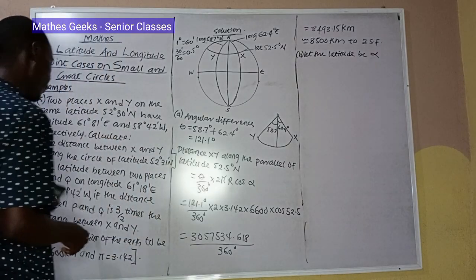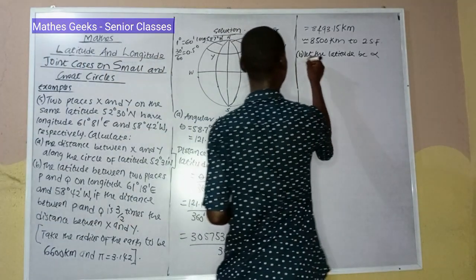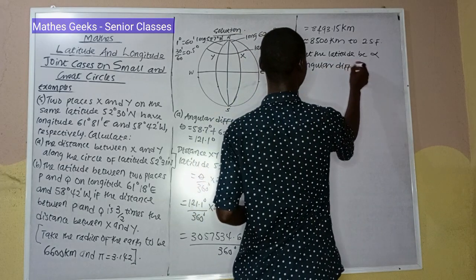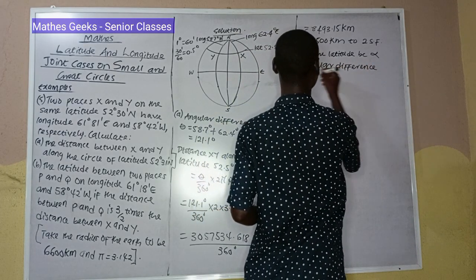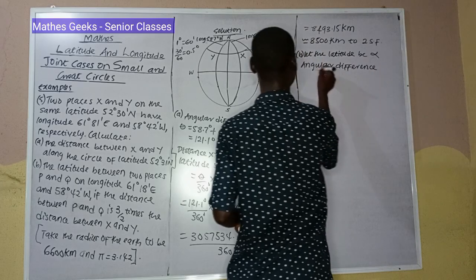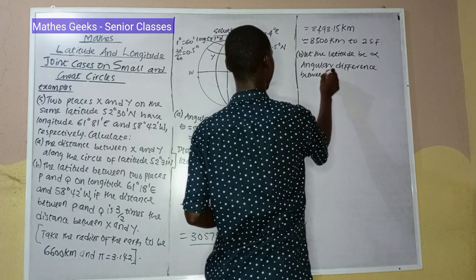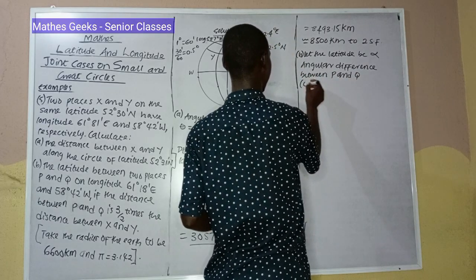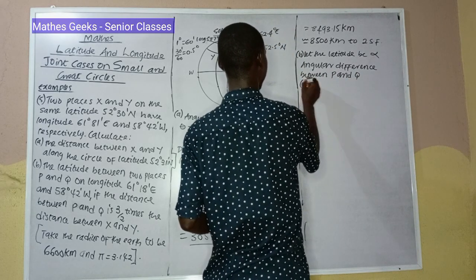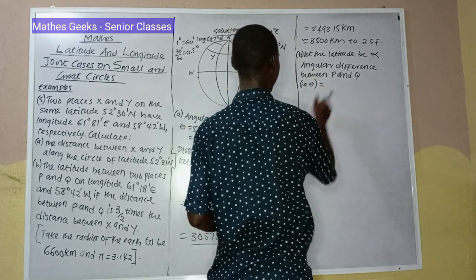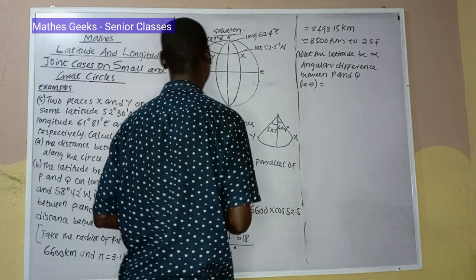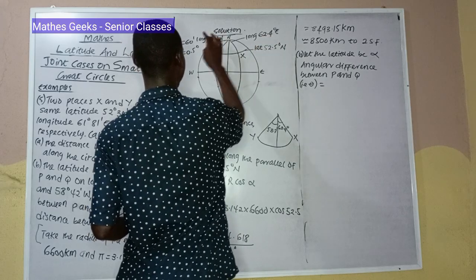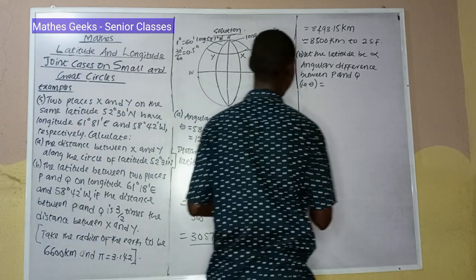So our angular difference between P and Q, that is theta, is equal to the difference in longitude, that is 62.4 degrees east plus 58.7 degrees west.